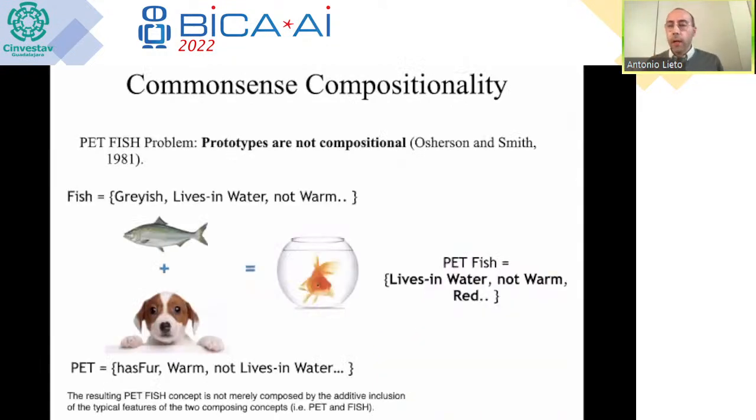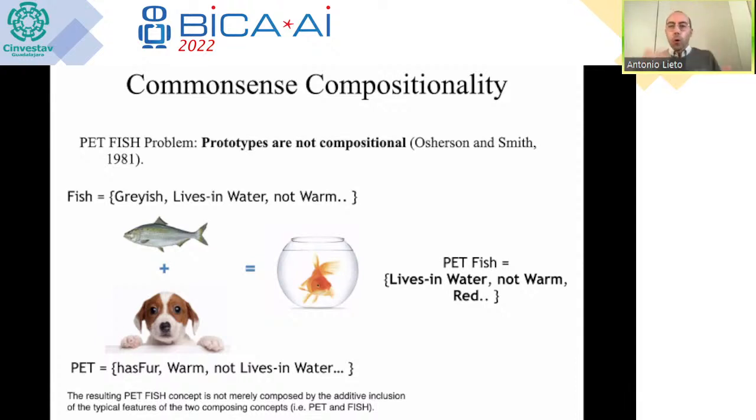Because we encounter what is traditionally called the pet fish problem. If we have a typical representation of a concept like a pet, and a typical representation of a concept like a fish, and then we try to combine these two prototypes in order to generate a novel concept like the pet fish, well, we see something strange.